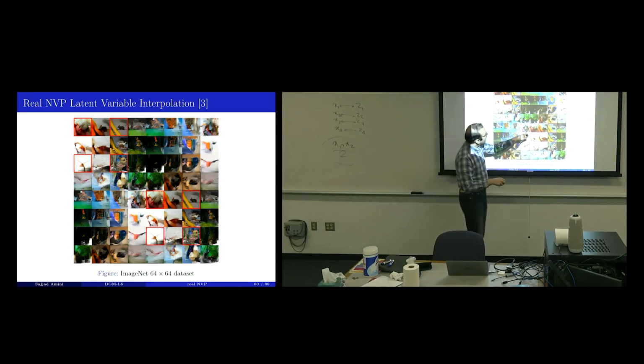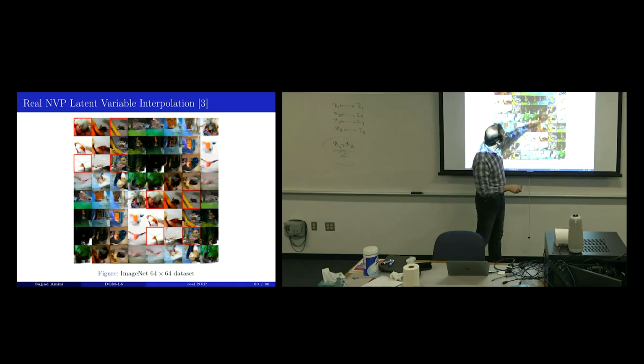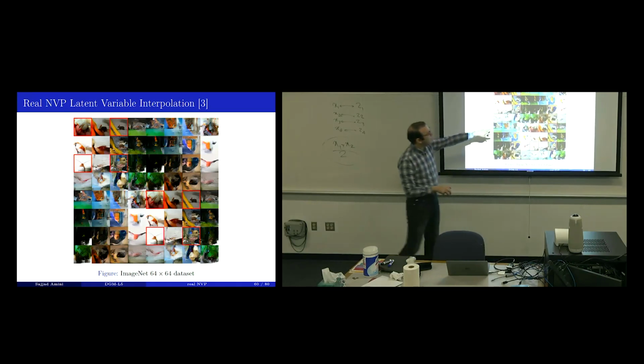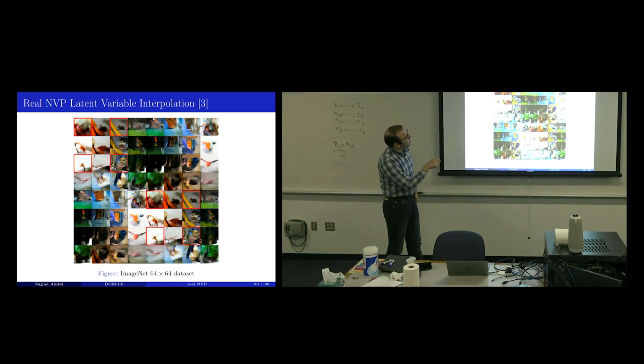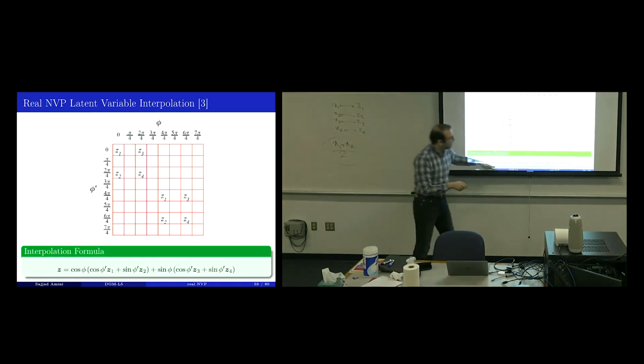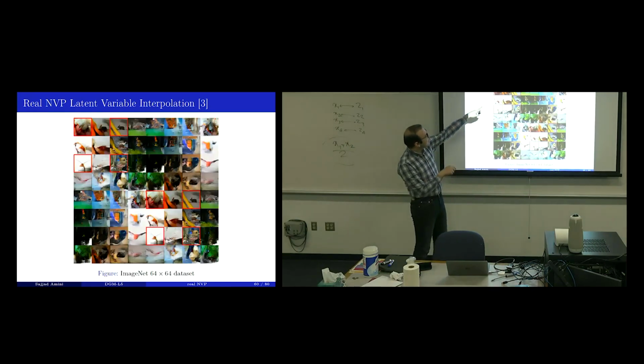This is Z1, Z2, Z3, Z4. They are exactly the same. What happened for the others? For example, for this image, this is the corresponding Z based on this formulation. I calculate that Z and then pass the Z through the forward transformation and see what happened in the resulting observed world.